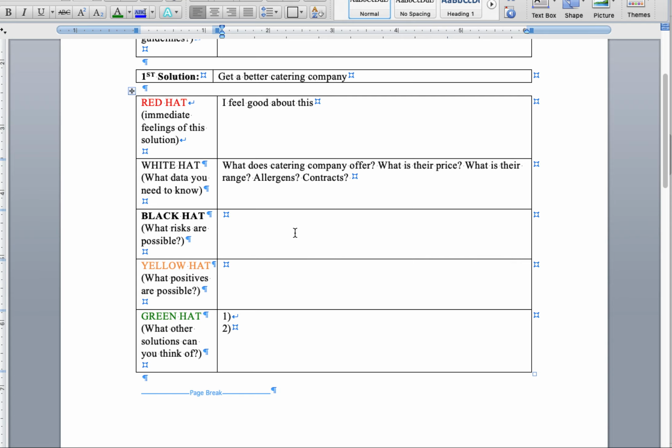Potentially one of the risks is students dislike the change. Maybe they don't like it. Or maybe we need new equipment, because our equipment doesn't have what this catering company needs.